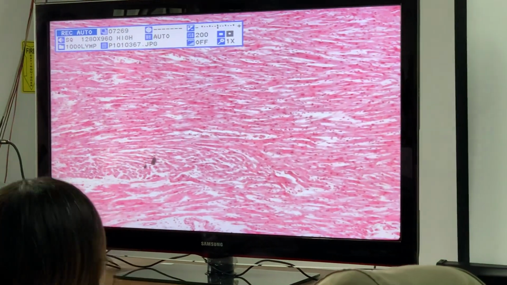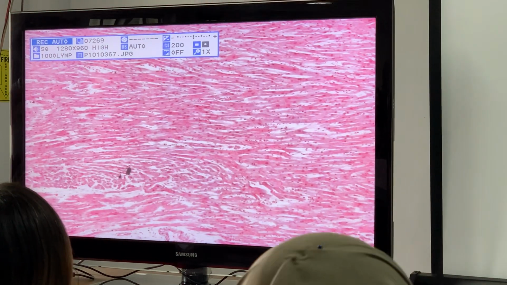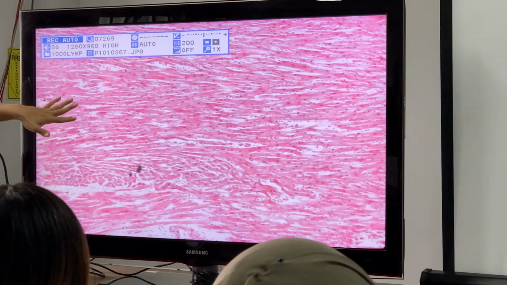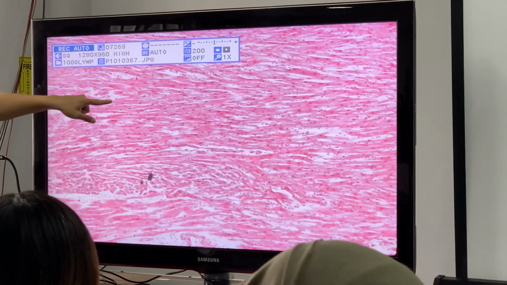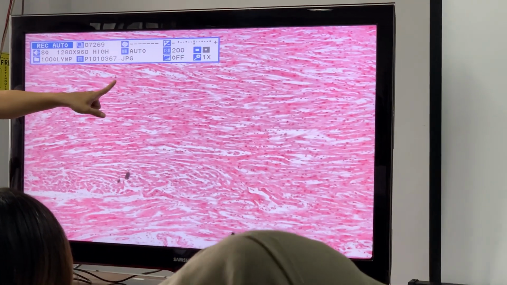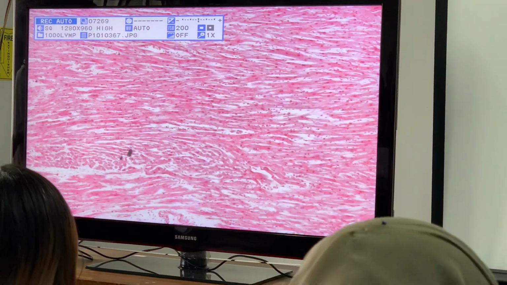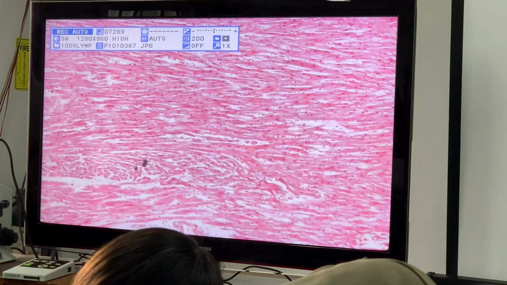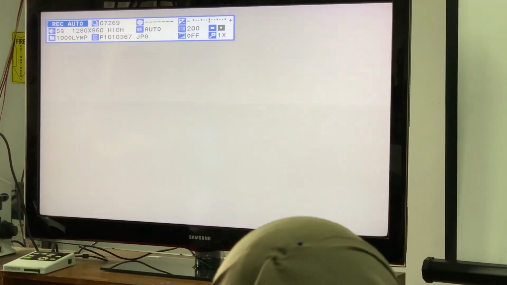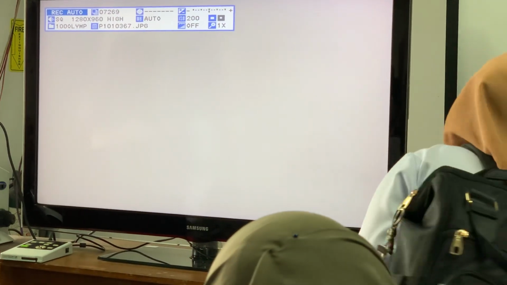This is a normal tissue. I'll stress that this is a normal tissue. This is cardiac muscle. Okay? They're branching, they have striations and intercalated discs, which you'll learn later. But compare this with this one.